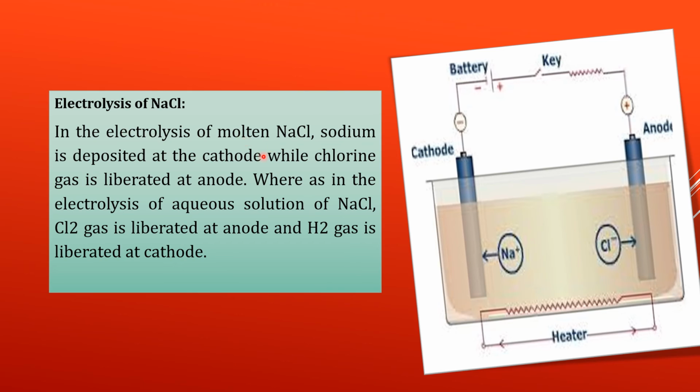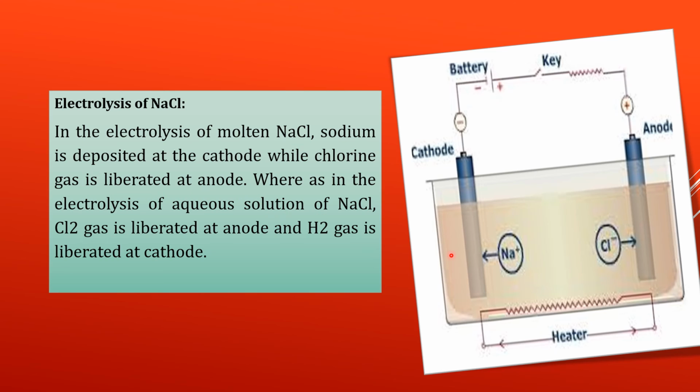So in the electrolysis of molten NaCl, sodium is deposited at the cathode. In my previous slide I told you that NaCl will be dissociated into Na plus and Cl minus. You can see the diagram at the same time, Na plus and Cl minus. So the sodium ion or cation will go to the cathode. That means it is deposited at the cathode, while chlorine gas is liberated at the anode.